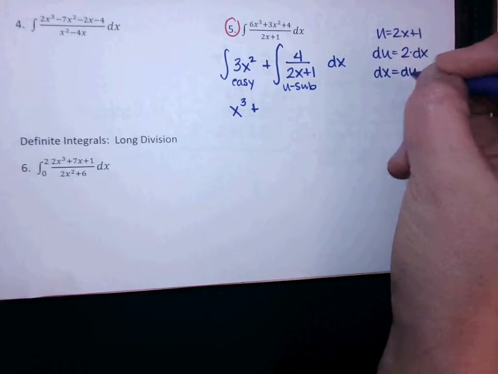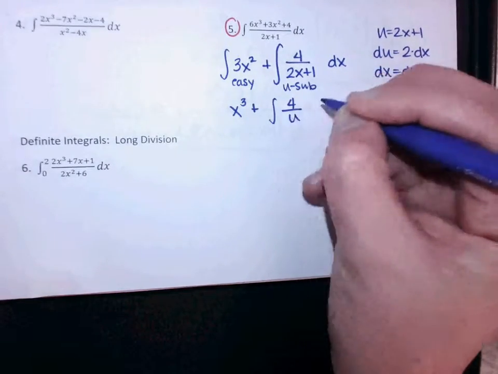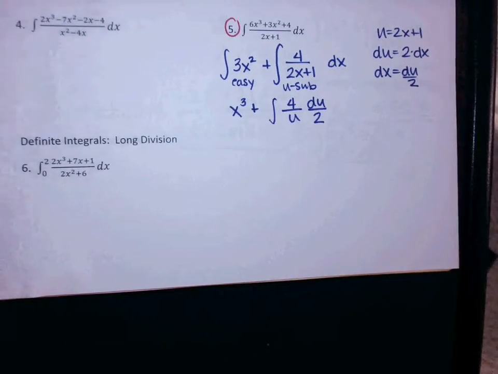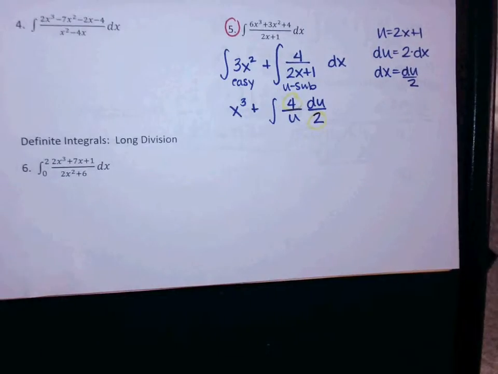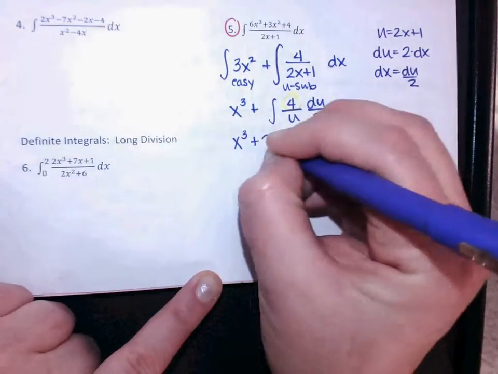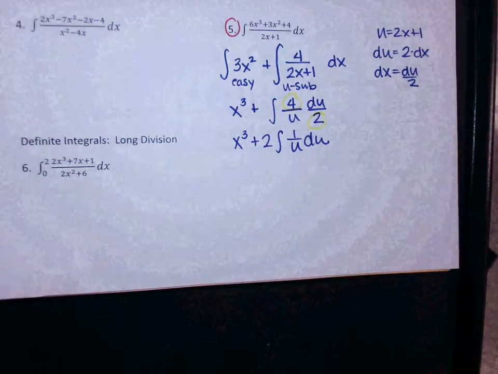Great, du over 2. So I would rewrite my integral as 4 over u du over 2. And then from there, I can take out my 4 and my 2 out to the front. What is 4 divided by 2, though? 2. So that would be x cubed plus 2 integral 1 over u du.